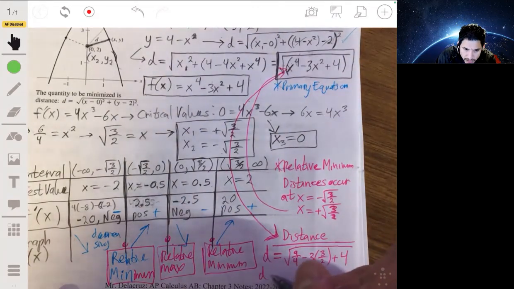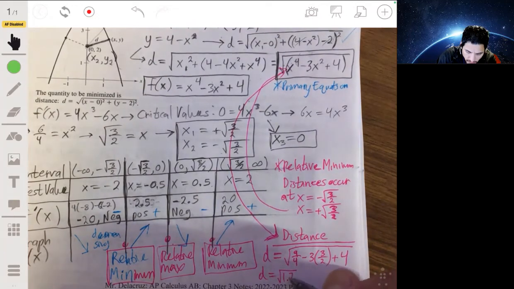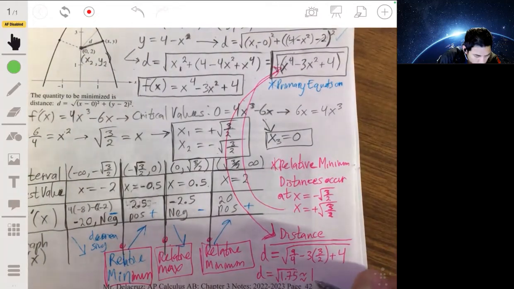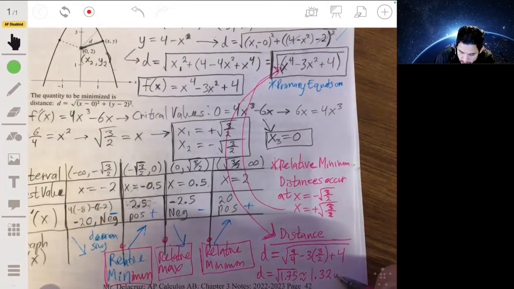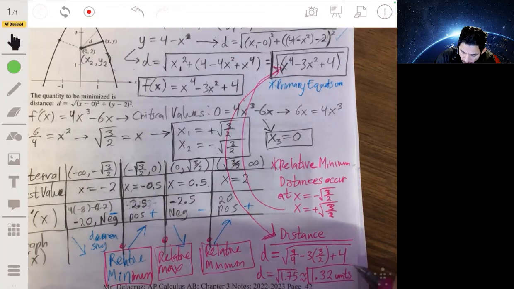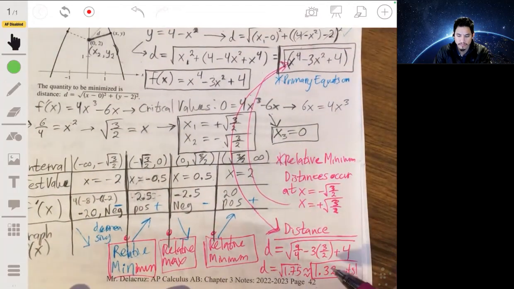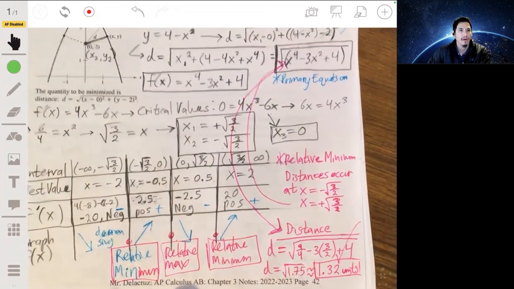And when you go ahead and work this out, you'll get the distance is equal to the square root of 1.75, which will be about 1.32 units. If you want to go further in the problem and figure out the actual answer. All right, and there you go.